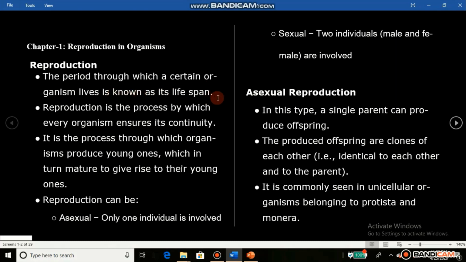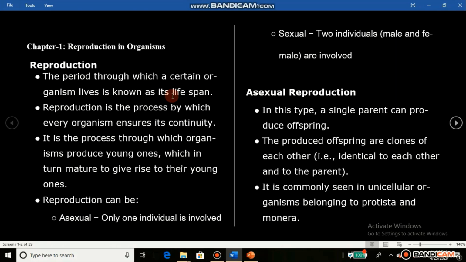Some organisms die due to accidents or any kind of disease, and that age is not known as lifespan.